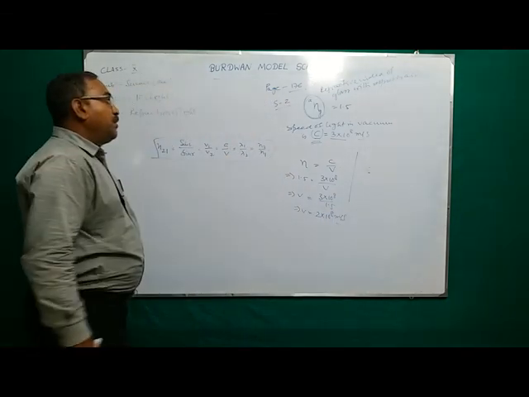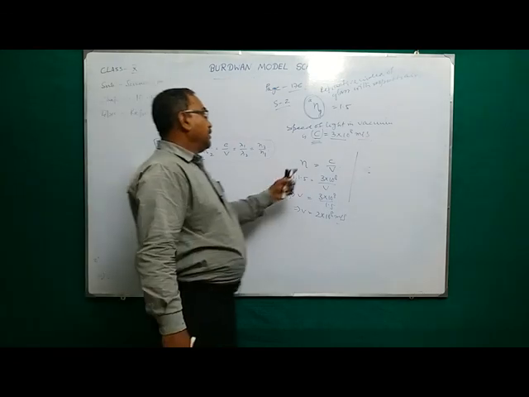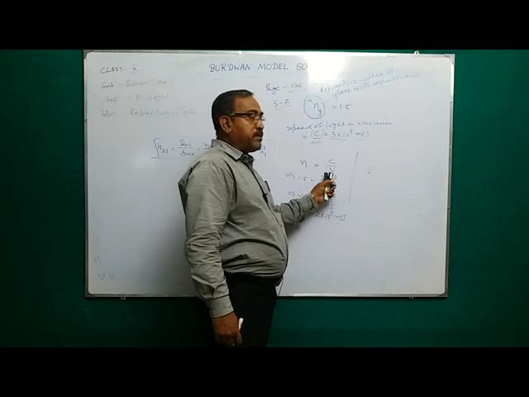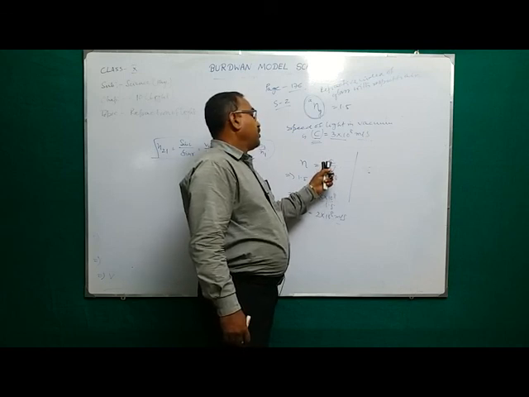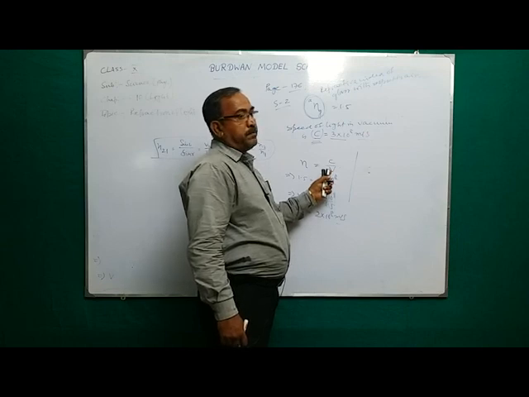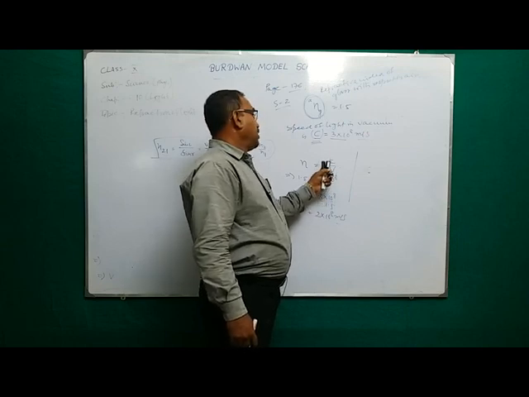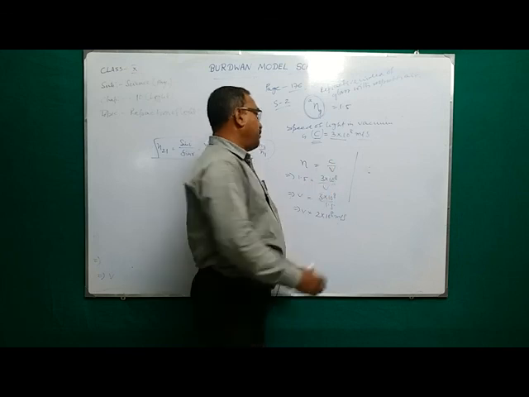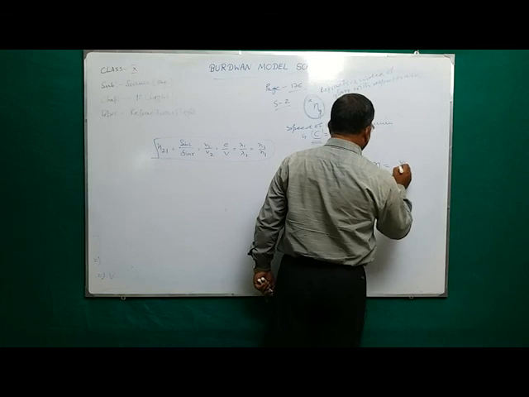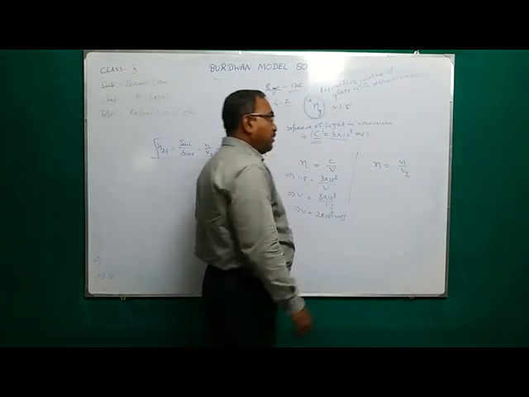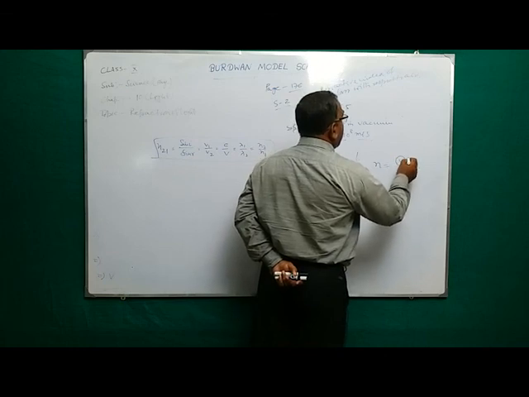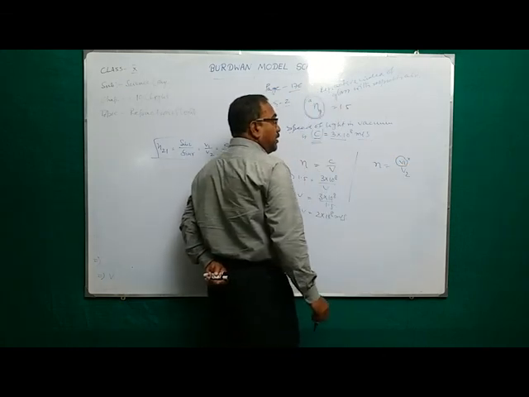But if you consider it, this is equal to v1 by v2, means speed of light in air by speed of light in particular medium. Speed of light in air, this value is not supplied in your books.